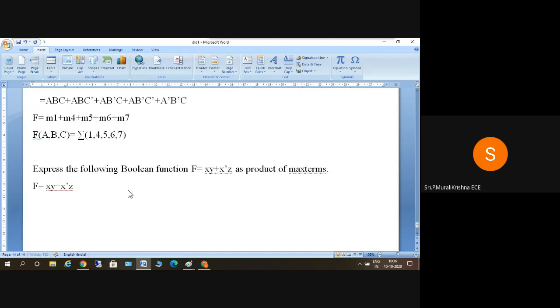So x plus yz is equal to x plus y into x plus z. So that is the formula we used here.